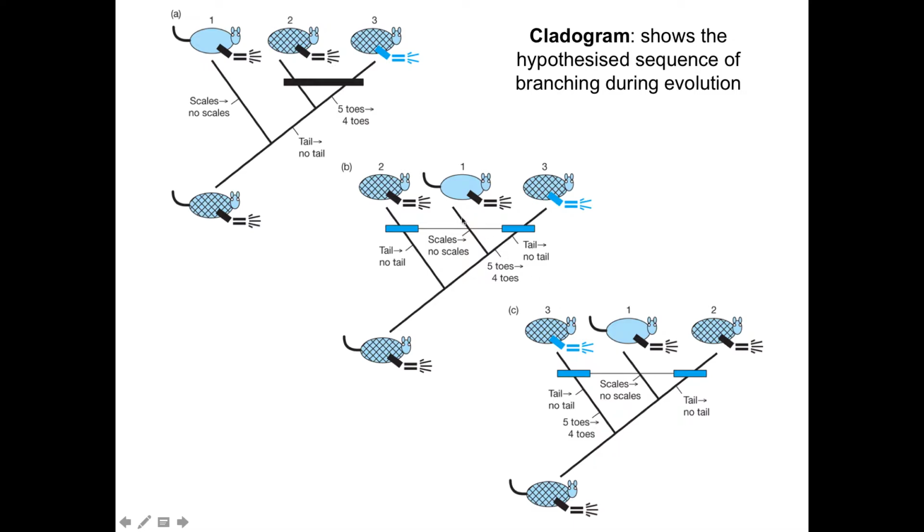So although these hypothesized evolutionary relationships are possible, they're less likely than this one. And so this is the assumed evolutionary relationship, or cladogram, because it's the simplest one.